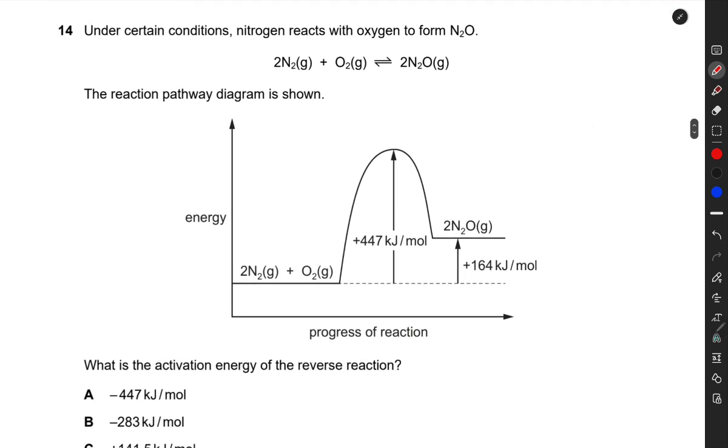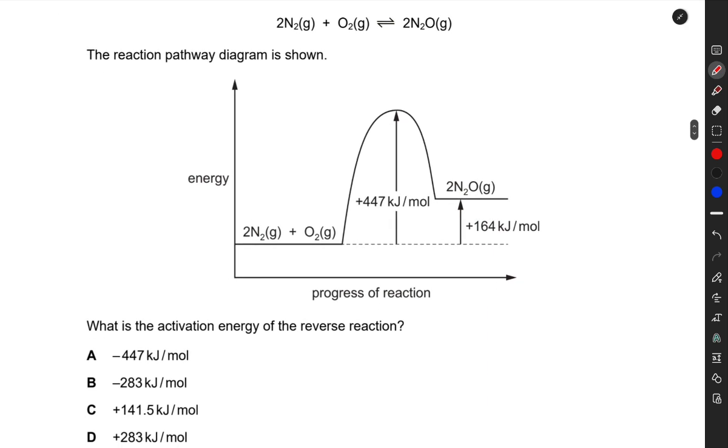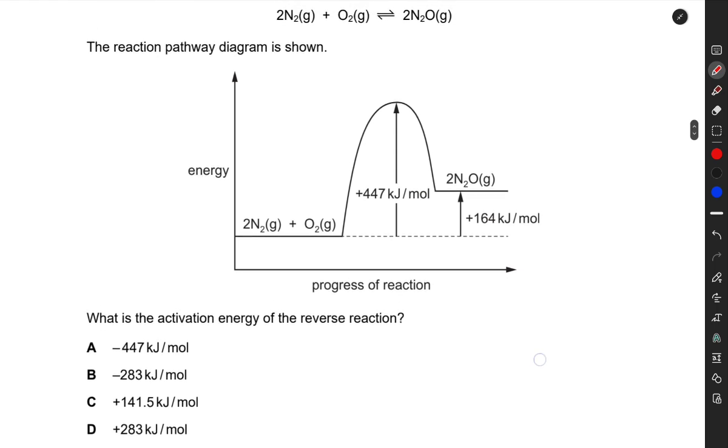Question number 14. Under certain conditions, nitrogen reacts with oxygen to form N2O. The reaction pathway diagram is shown. This is an endothermic reaction, progress of reaction. What is the activation energy of the reverse reaction?